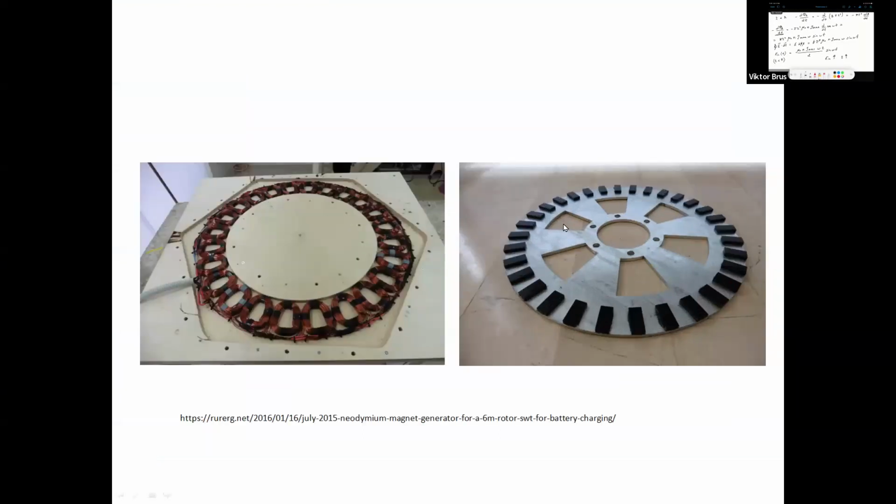So here on this slide, you can see an example of a handmade generator, actually made for a windmill. It consists of two components. For every electrical generator, we need a rotor.